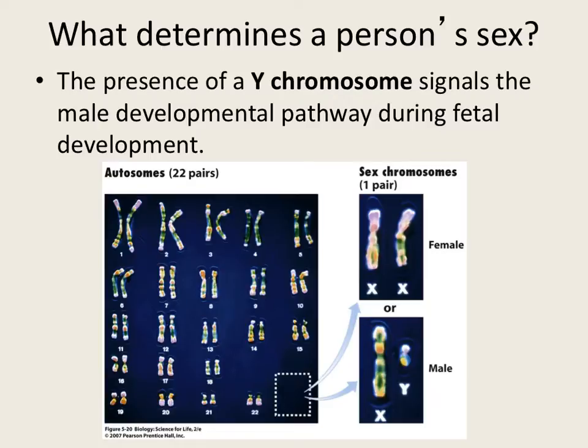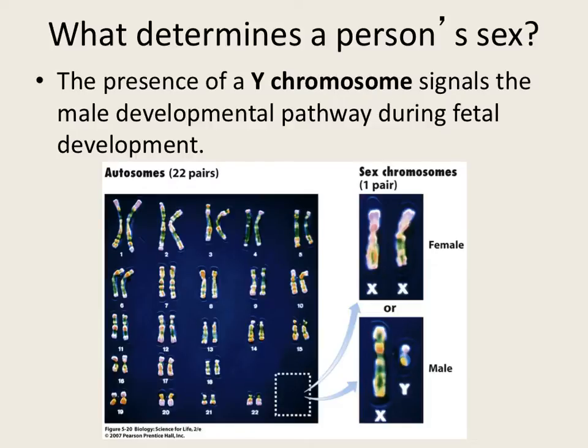A male is always XY. If the father donated an X, you'd end up with a daughter. So mother is XX, father is XY. You would then have a 50% chance of being male or female, depending on whether you inherited an X or a Y.